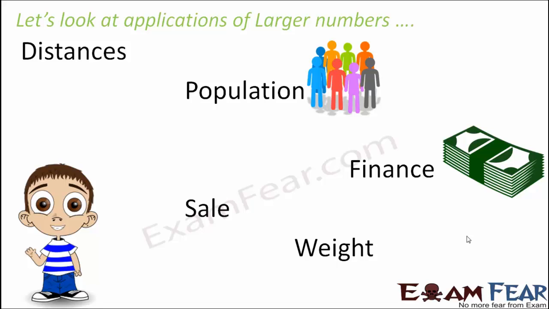You talk about distances, maybe the distance between two cities. So that's also again a big number. It's because two cities are not very near. Or if you talk about the distance between two countries, again, they are big numbers. You talk about weights, heavy weights. So there are a lot of places where we very commonly use larger numbers.